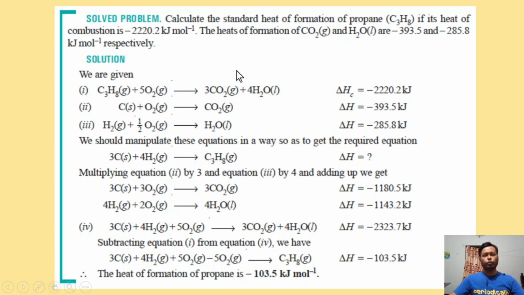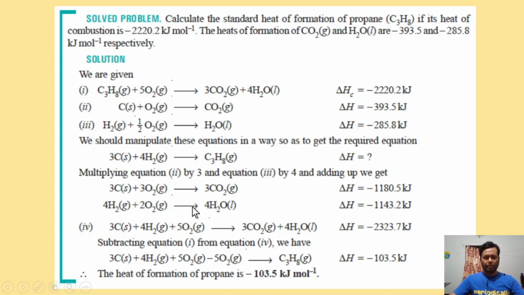So we need to manipulate these 3 equations so that we can get this reaction. Here in equation number 2 we have only 1 carbon. So if we multiply equation number 2 by 3, then we get 3 carbon and 3 O2 molecules, and then we get 3 carbon dioxide, and delta H will also be multiplied by 3.